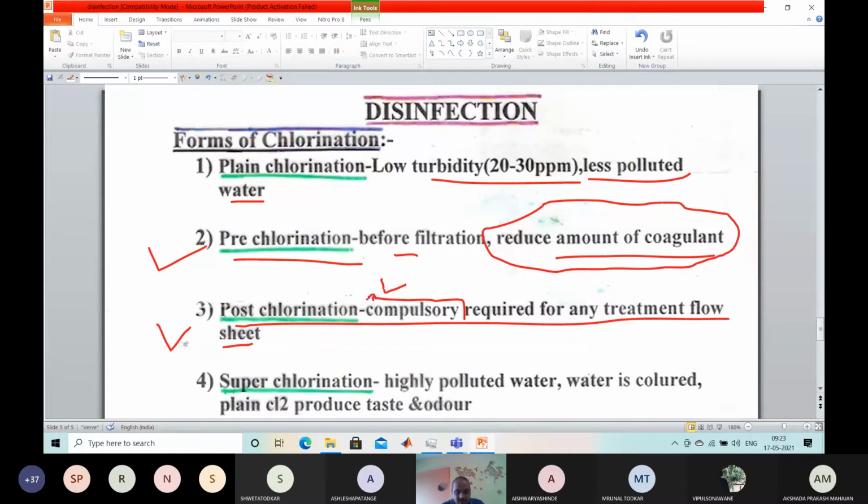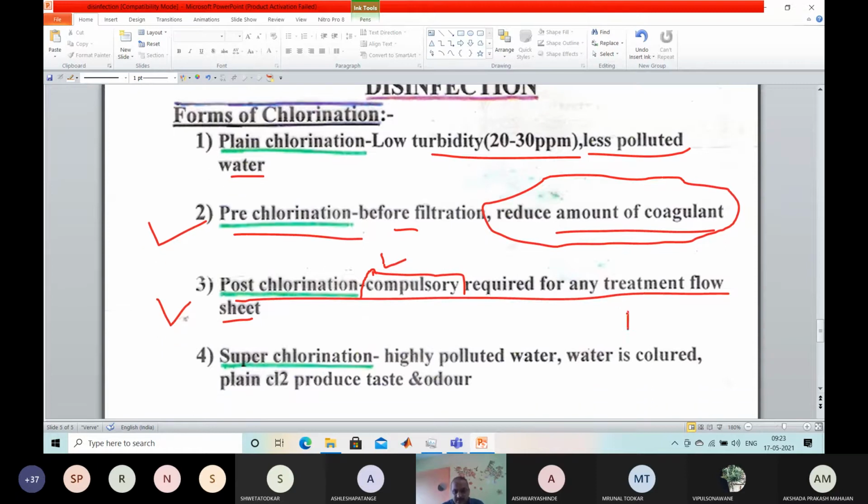If you apply the chlorine before filtration and leave the water as it is, that is not accepted. If you apply pre-chlorination, post-chlorination is also there. Post-chlorination is compulsory, while pre-chlorination is optional.